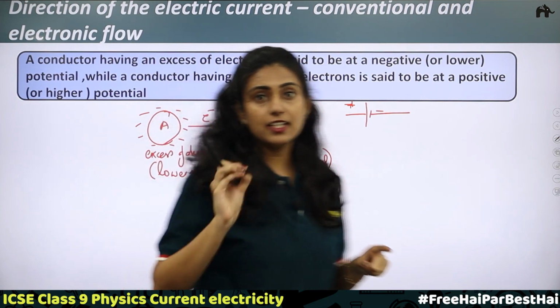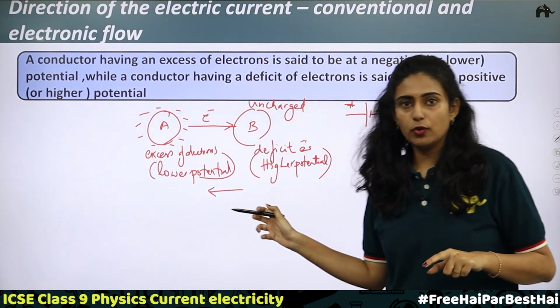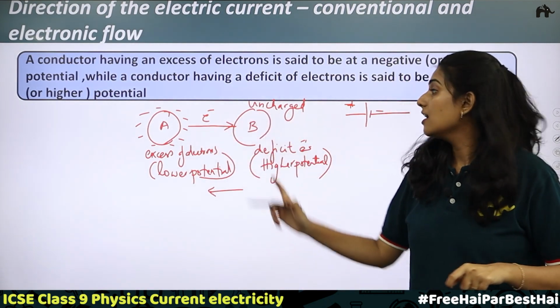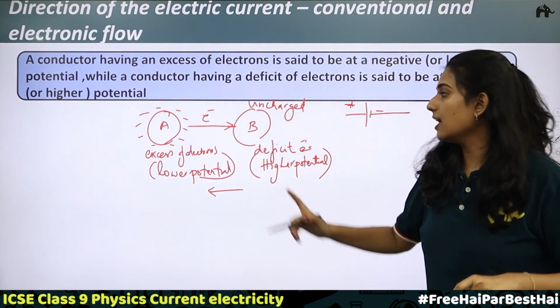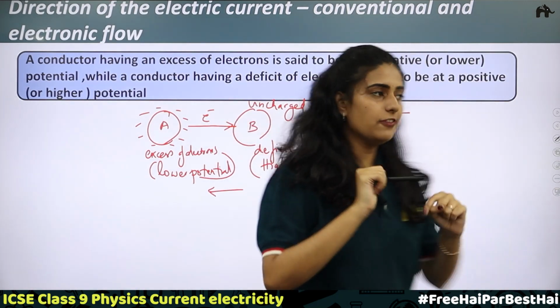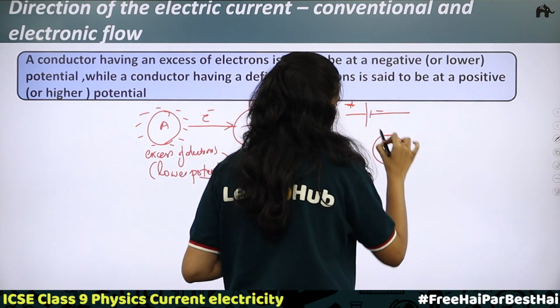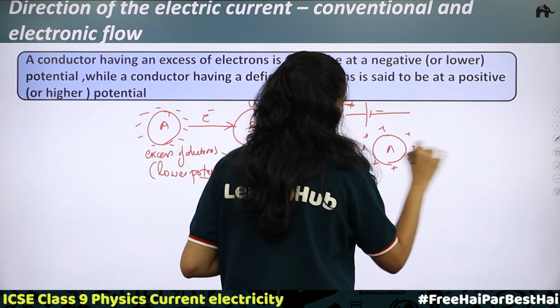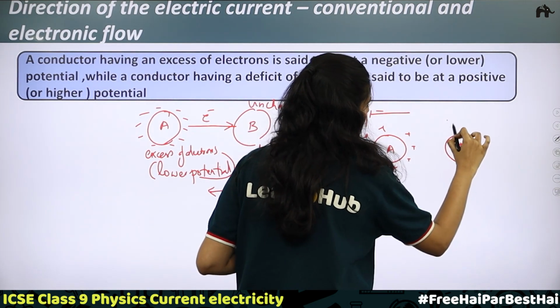So how to find the direction in which the current is flowing. This was the first case we discussed, a positively charged conductor. This was the second case, a negatively charged conductor and an uncharged conductor. Now take the first case: A is a positively charged conductor and B is an uncharged conductor.